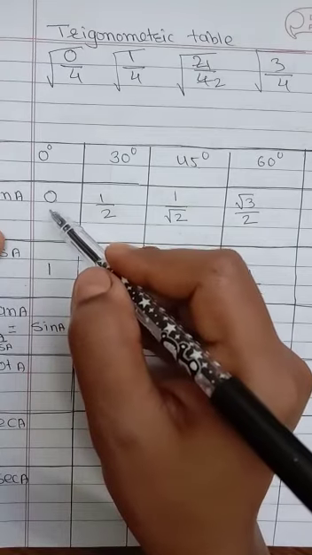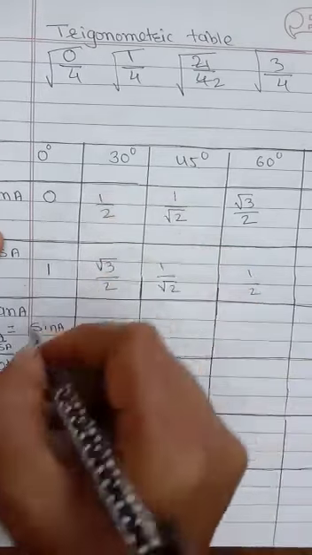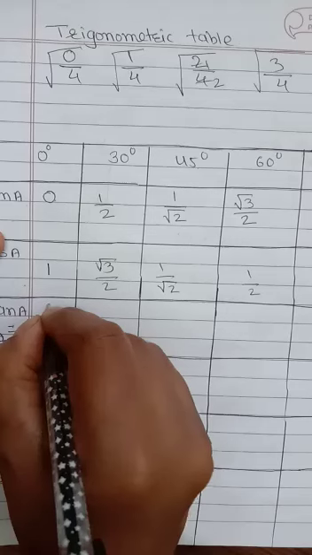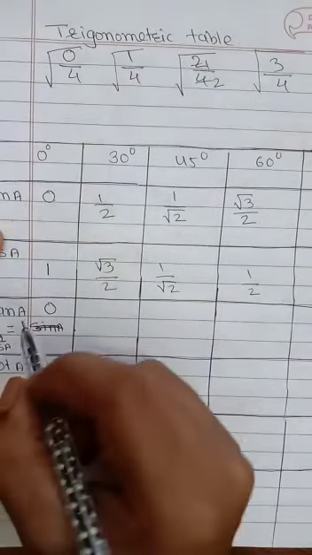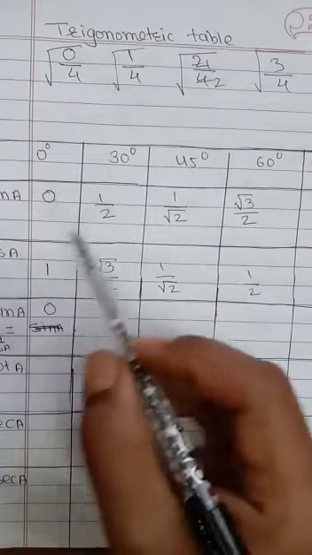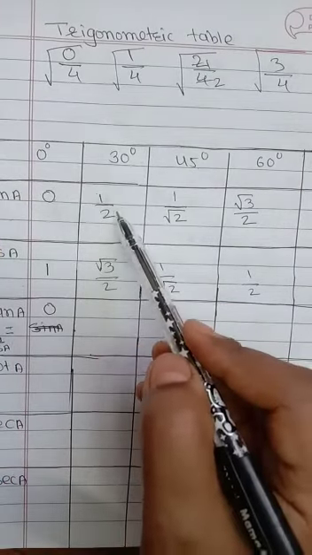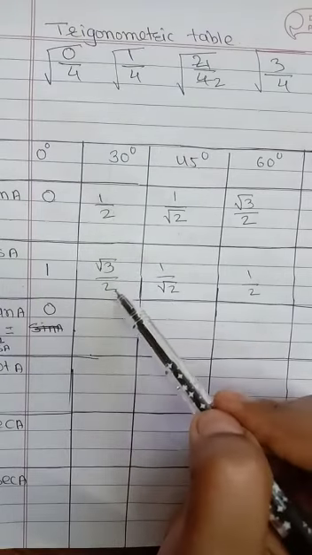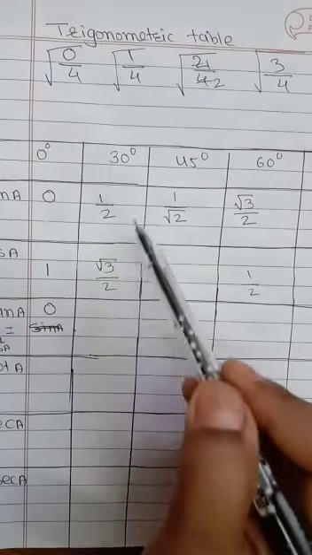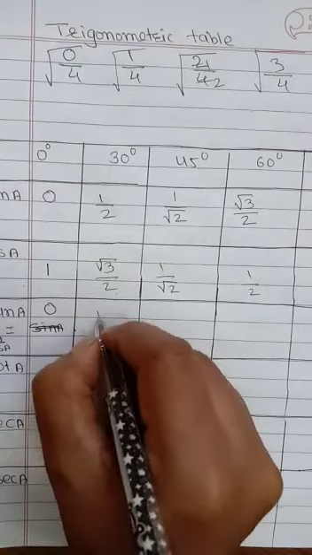What is sine 0? 0. 0 by 1 gives 0. Hence tan 0 is 0. Now similarly, how to find tan of 30 degree? It is nothing but sine 30 divided by cos 30. Sine 30 is 1 by 2. Cos 30 is under root 3 by 2. The 2s get cancelled. We have 1 upon under root 3.